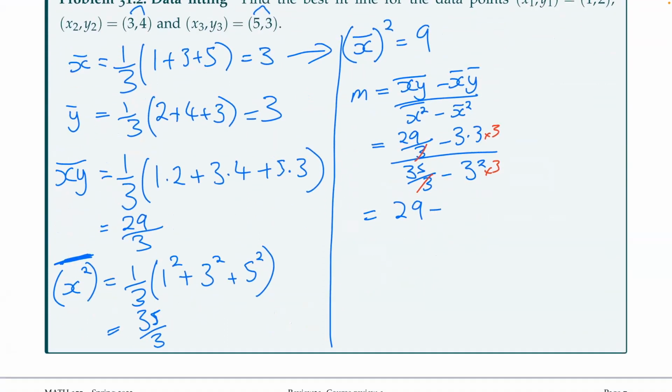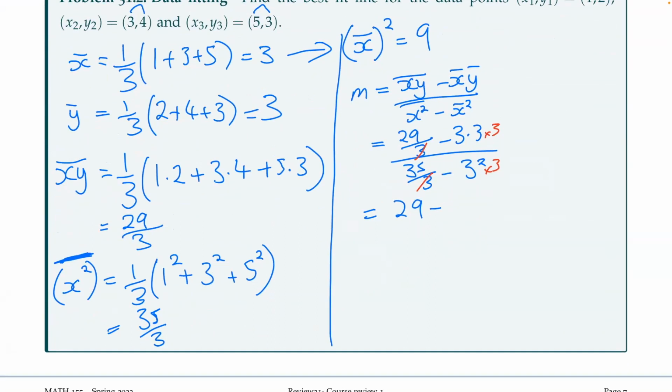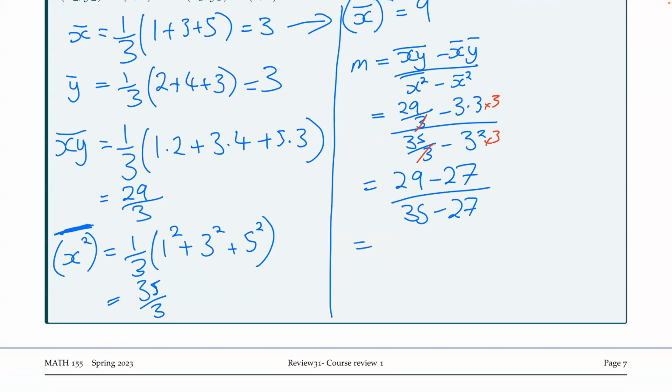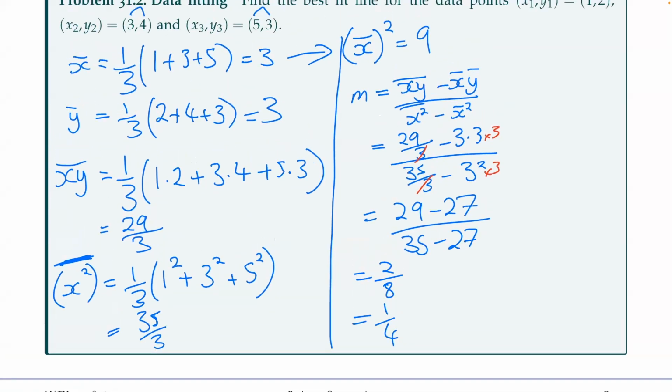So you have 29 minus 3 times 3 times 3, which is 27. 35 minus 3 squared times 3, so that's 9 times 3, which again is 27. We're going to have 2 over 8, or a quarter. See, who needs calculators?